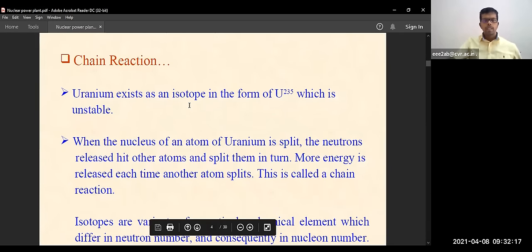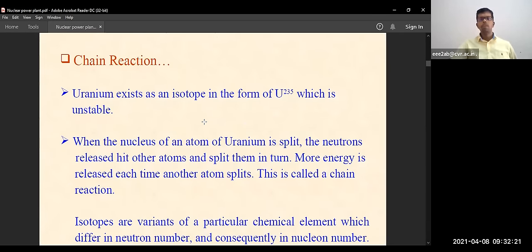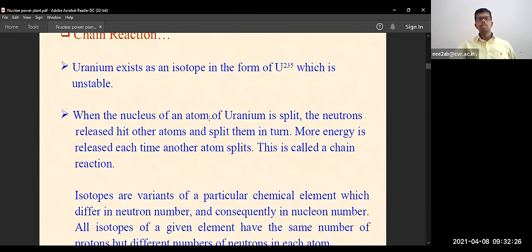Okay, in this, uranium exists as an isotope in the form of U-235, which is unstable. So what is meant by isotope?